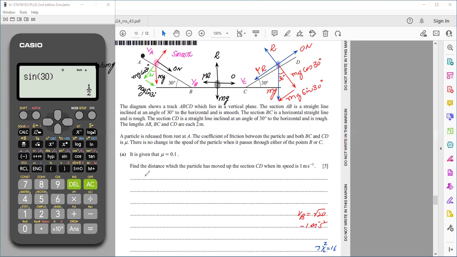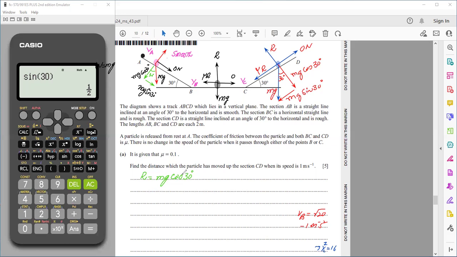So first of all, you have the value of R. R means the normal component, so R is equal to mg cos 30°, m times g cos 30°. Very good. Now I have to find the acceleration of the body. The body is moving with acceleration a.